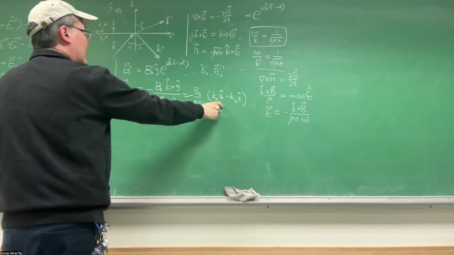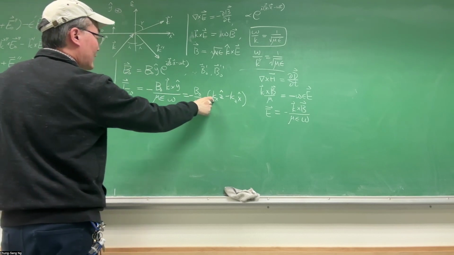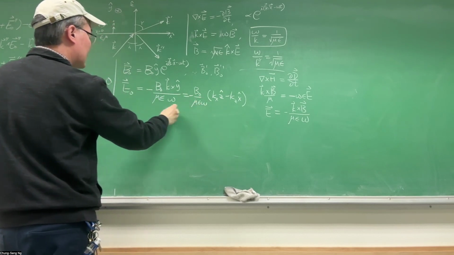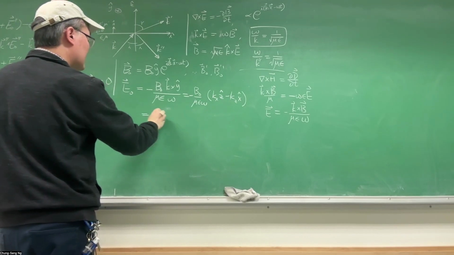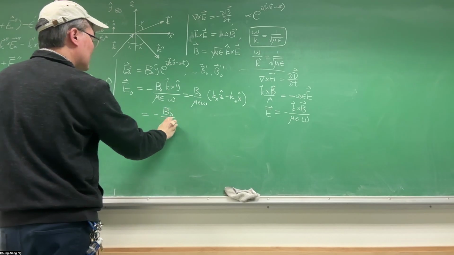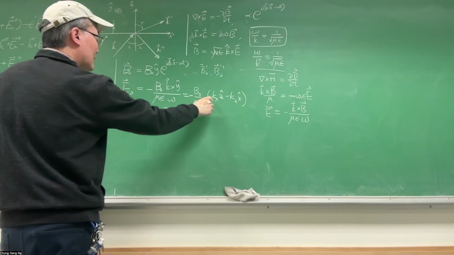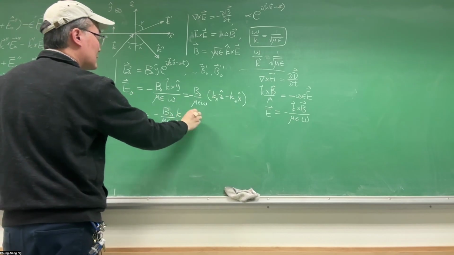I mean, then you can actually take the k out. So that would be minus B0. And we take the k out.